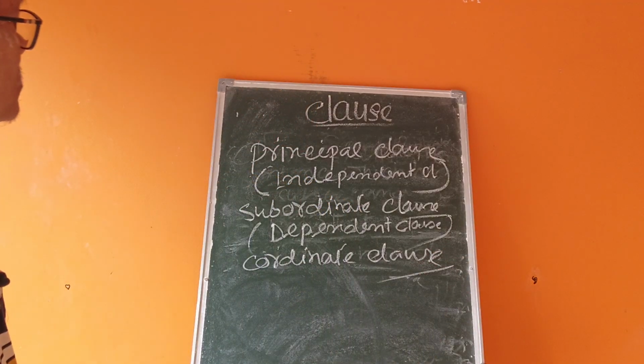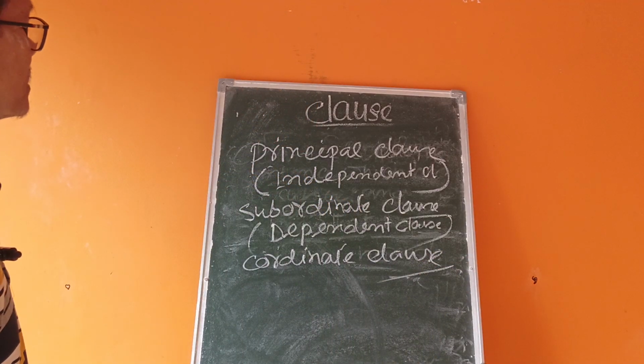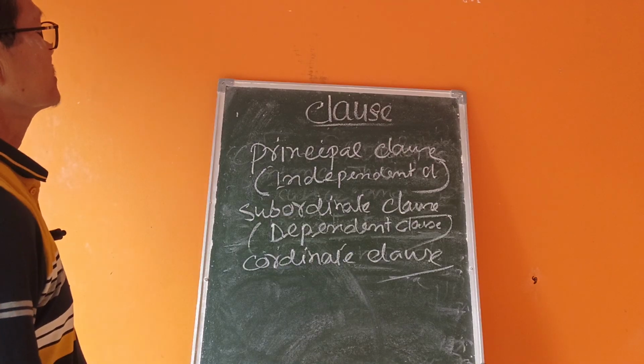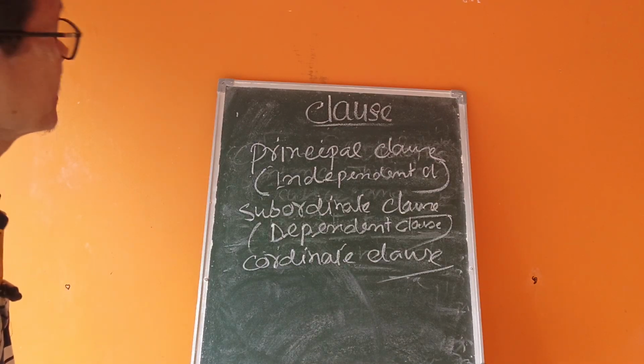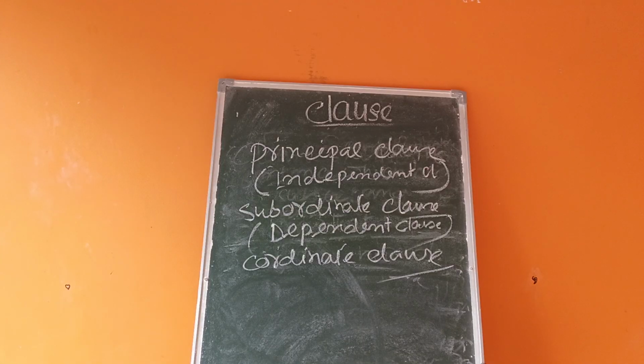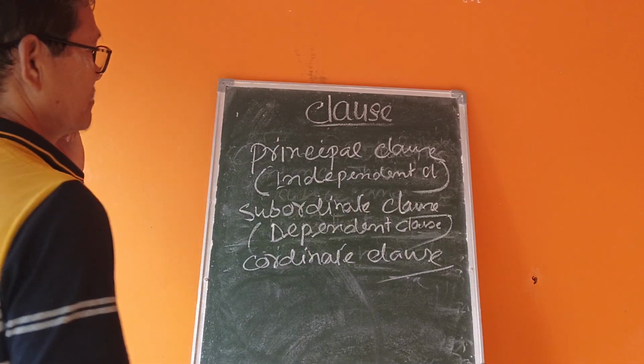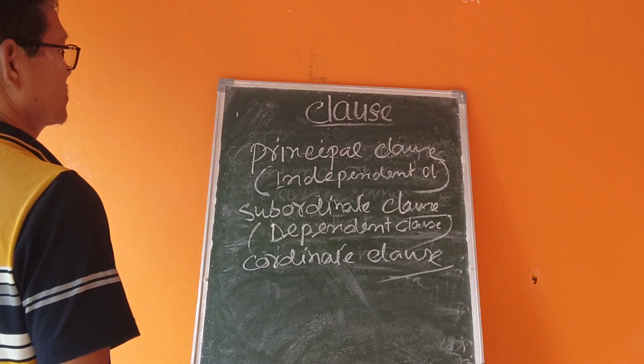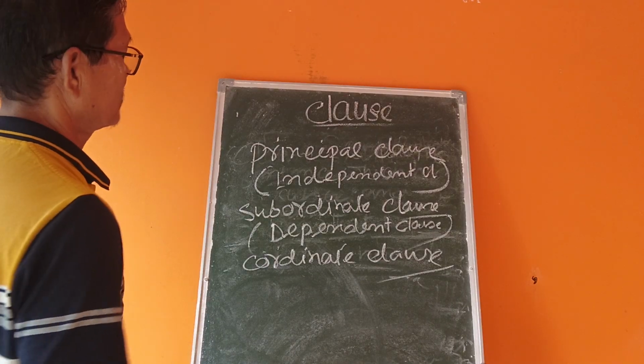First is the principal clause, next is the subordinate clause, also known as a dependent clause. And principal clause is known as an independent clause and main clause. Main clause, independent clause, all are principal clause. Subordinate clause is dependent clause.